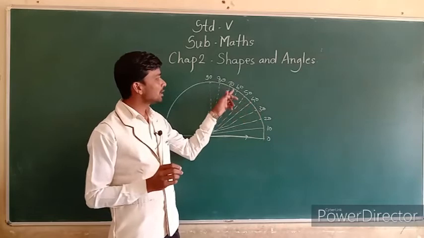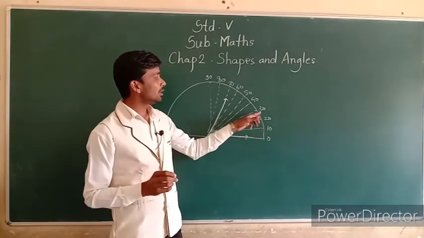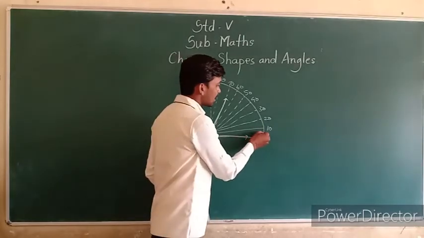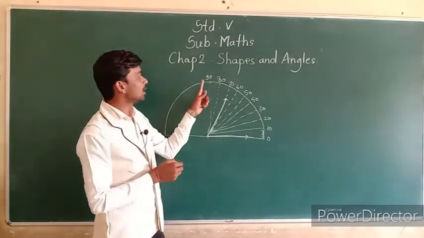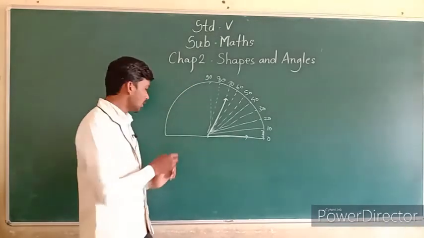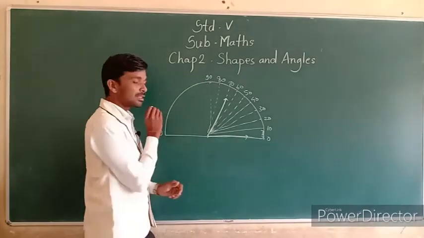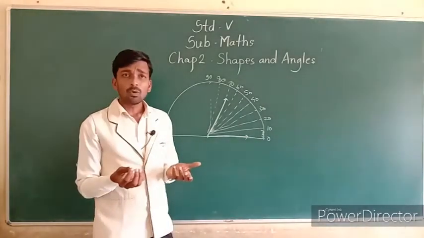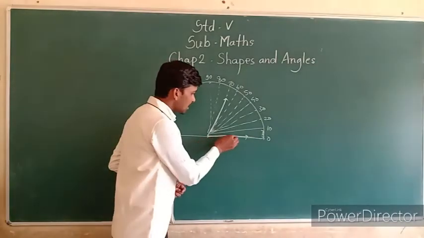Like that numbers are there, 0, 10, 20, 30, 40, okay. And some small lines are also there, okay. Also here 90, 100, 110, 120, 130, 140, like that up to 180 numbers are on your protractor, okay. So see, what we do, we can only join. This is our angle.